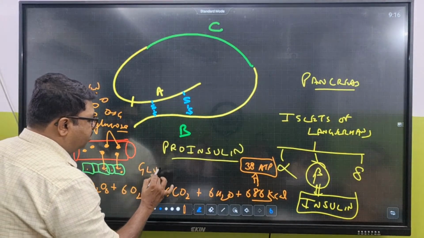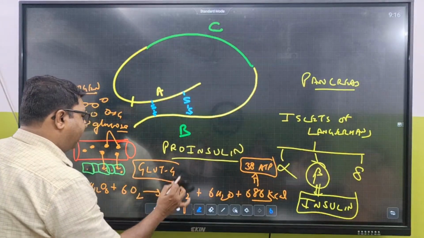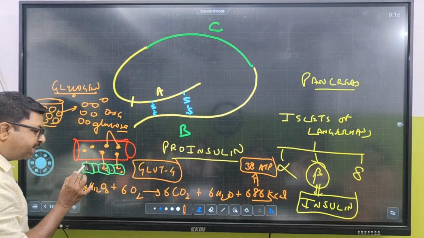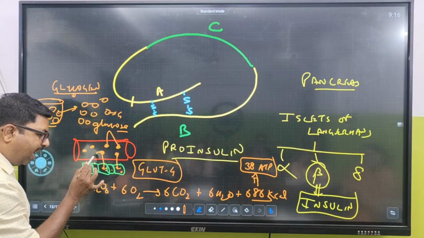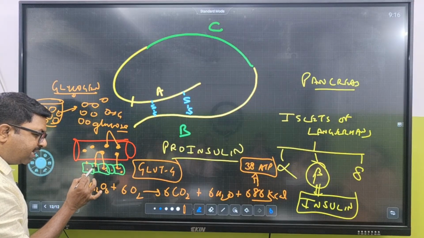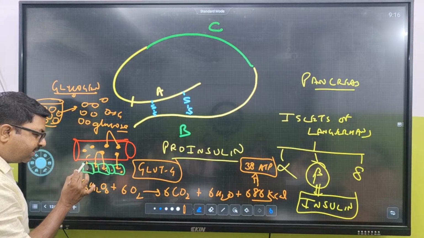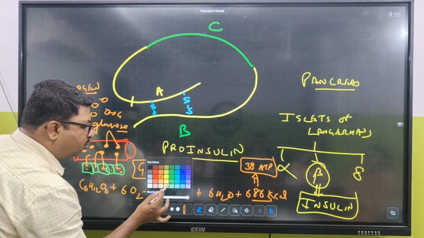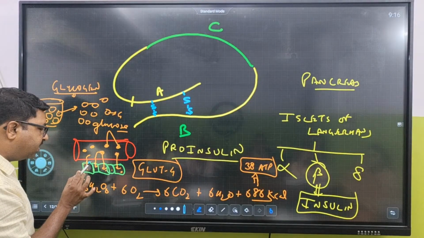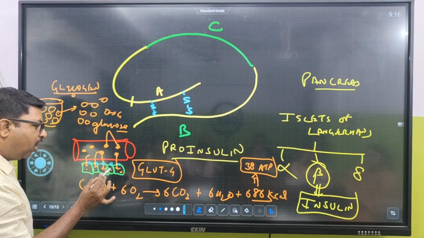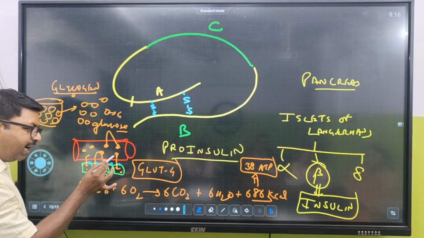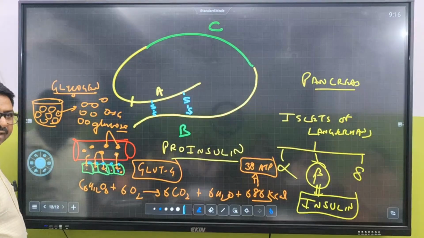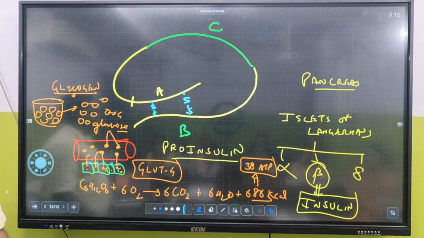So these GLUT4 receptors are present over here, which allow the glucose entry. But this will happen only when insulin helps it. If insulin comes and binds with the cells, only then this door will open so that glucose enters inside. Again I repeat.